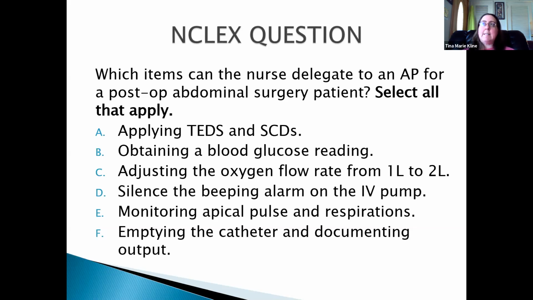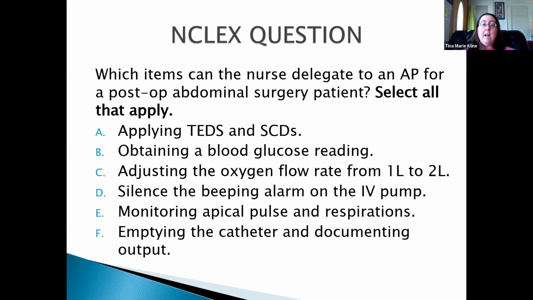Yeah, I do. Do I see nurses, you know, say, up their oxygen to 2 liters? Technically, the AP should not be doing that. They can get in trouble for doing it, and technically, the RN can get in trouble for inappropriate delegation. So that's just something to keep in mind. You are in the Magic NCLEX hospital, and everybody works in their scope of practice. So C is a big no-no.